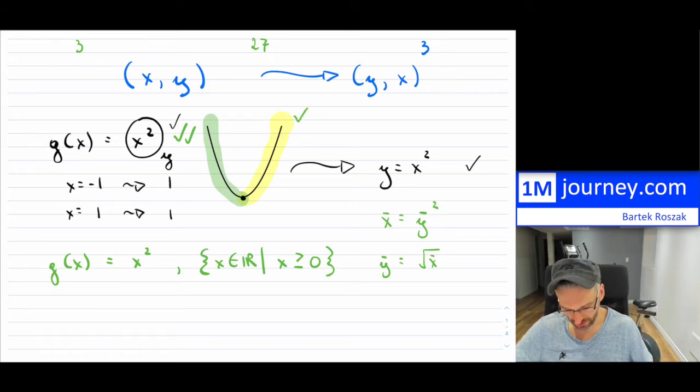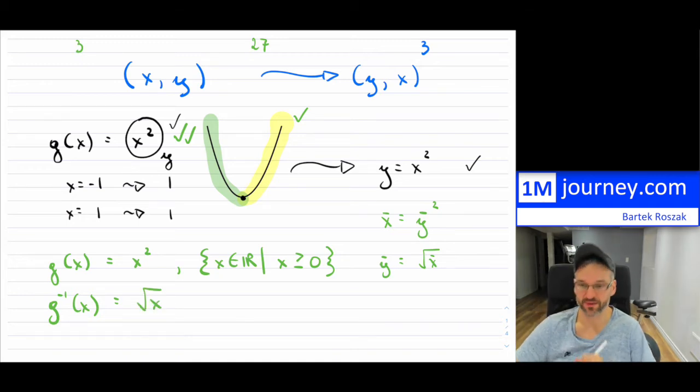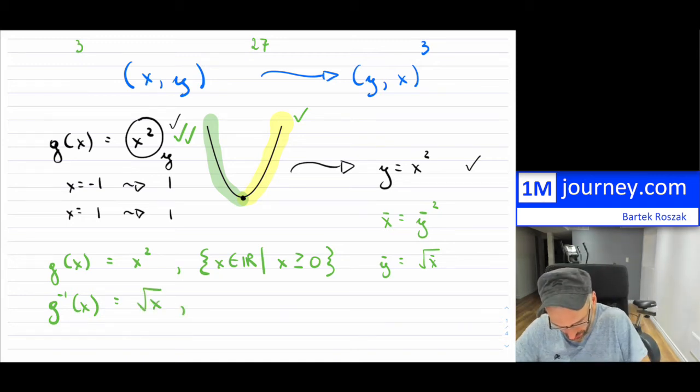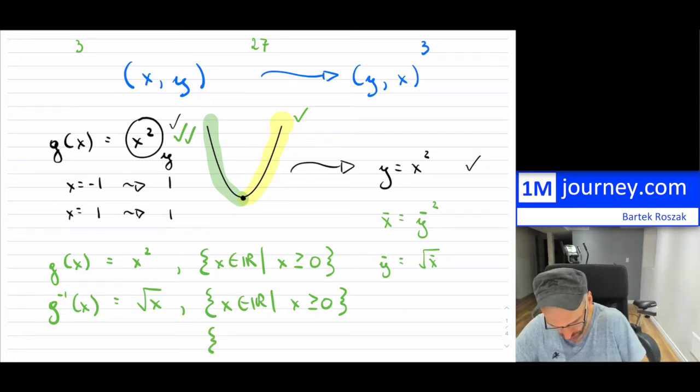In this case, if I want to find the inverse, which we called h of x, or more appropriately, I can actually write it out as g inverse. Now in this case it would have been square root of x. That's my inverse, but I have to again be careful here. I am taking the positive side, which is fine for this, but I also have to include the range.